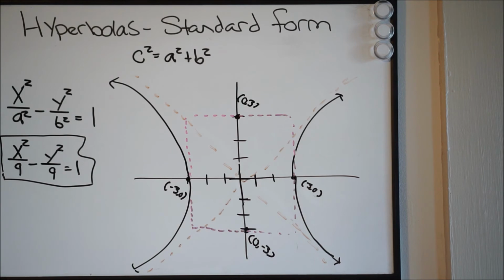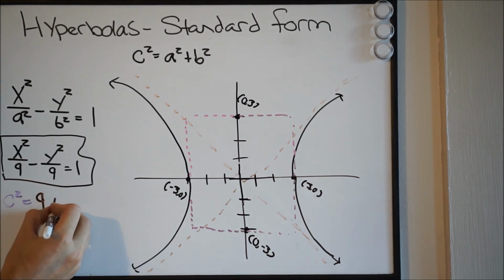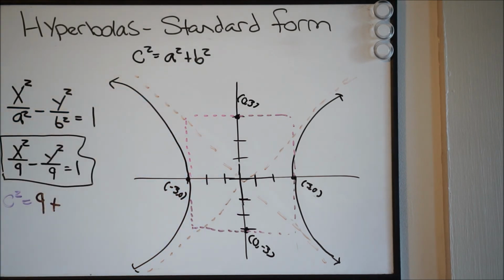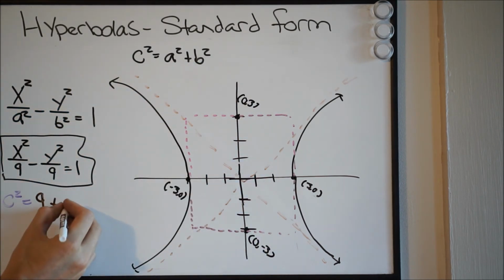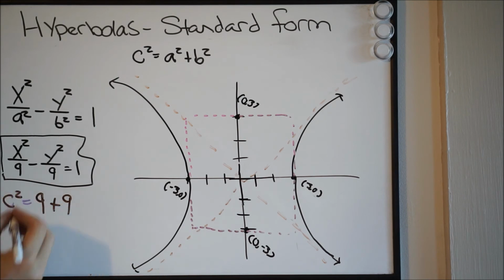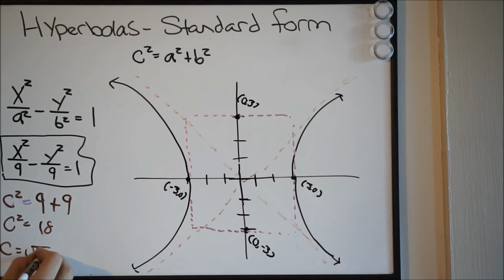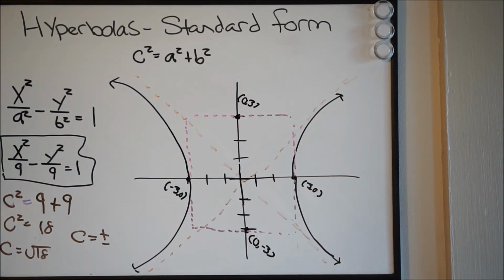So let's do it in a different color. We have c squared equal to, well, a here we already determined is going to be either negative 3 or 3, it doesn't matter, so we'll get 9, plus b squared, which in this case will be again either 3 or negative 3, so 9. So we get c squared equal to 18. Then we take the square root on both sides, so c will equal plus or minus the square root of 18, which is plus or minus 4.24.